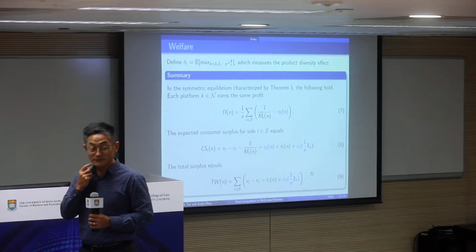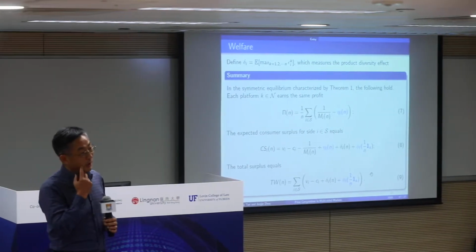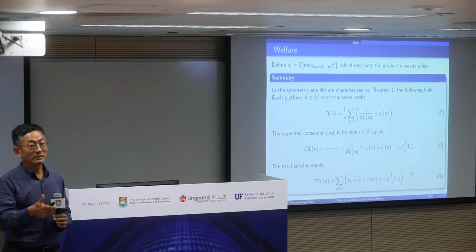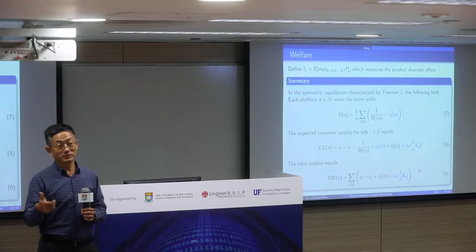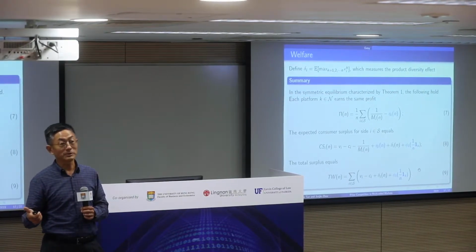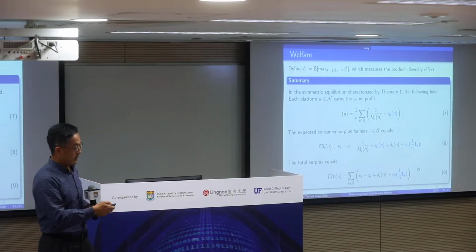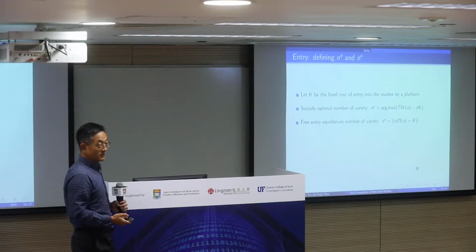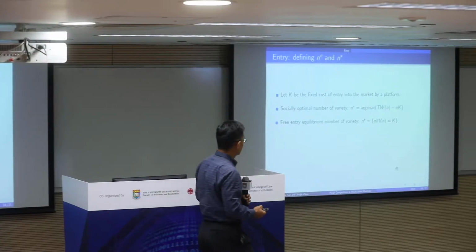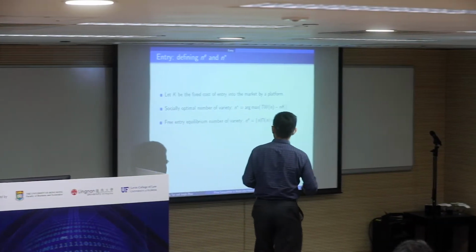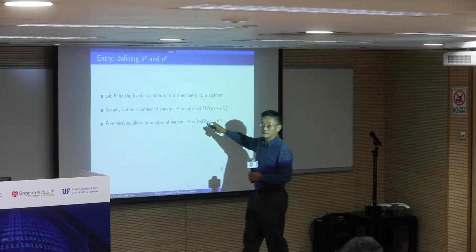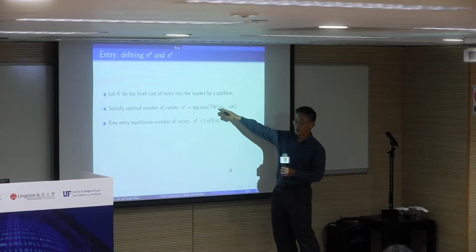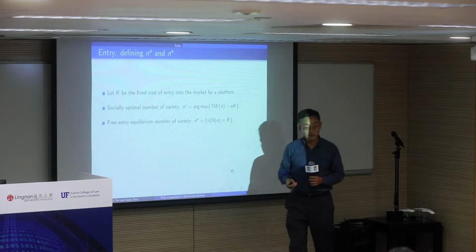In the rest of the presentation, which I will not go through, we study the impact of free entry as compared to the socially optimal one. So free entry in the sense that, this is a standard economics question. That is, firms enter if the profit is greater than or equal to the fixed cost. Social optimality means that total welfare minus total cost is maximized.